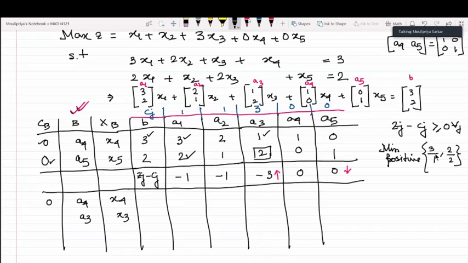Instead of 0, we are going to write 3. Okay? Now, how will the remaining elements of the second row be revised? We will divide every element by 2.